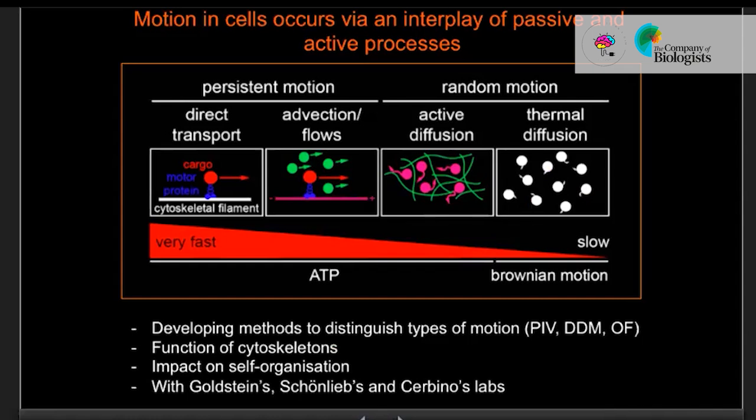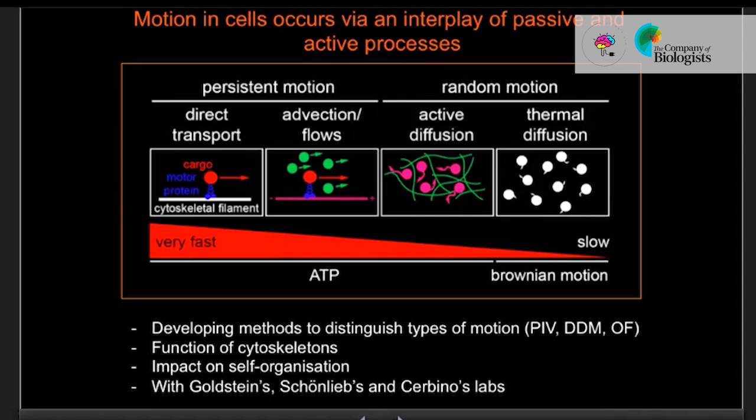It's like a car in the city, they know where they have to go. But there are many other motions in cells. One of them that we've worked a lot on is advection, or flows, which is basically this motion where motors, especially kinesins, are dragging the viscous cytoplasm with them, a little bit like a car dragging the air with it.